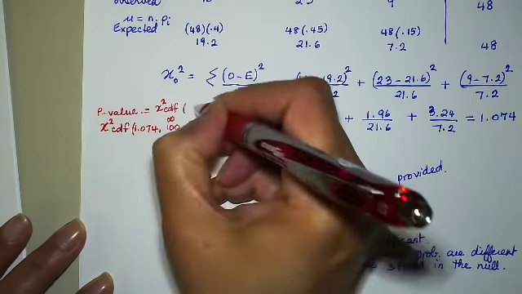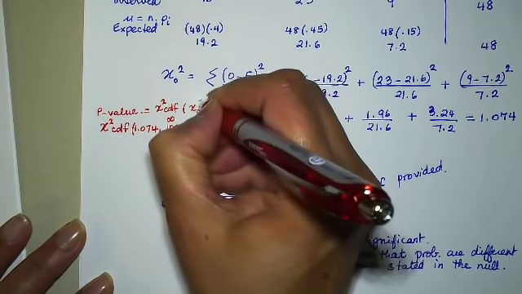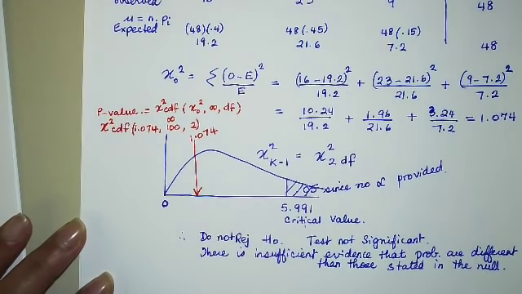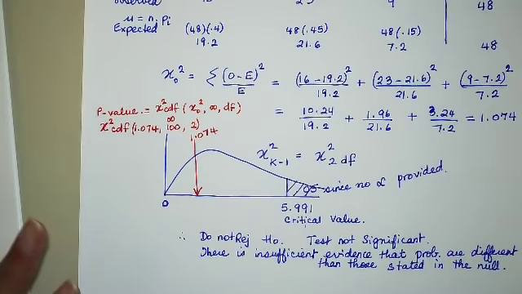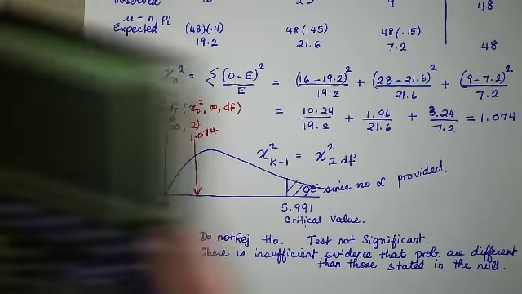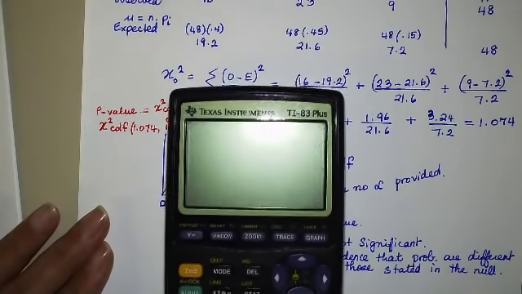So p-value equals chi-square CDF of chi-naught squared comma infinity comma degrees of freedom. So it should be some huge p-value. What do you get when you do that?